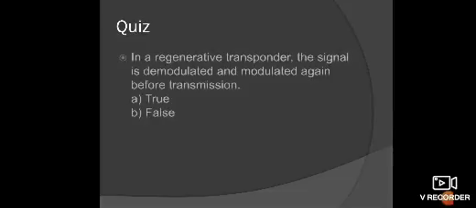And next, in a regenerative transponder, the signal is demodulated and modulated again before transmission, whether it is a true statement or a false statement. That means in a regenerative transponder, the signal is going to be demodulated and modulated again before transmission. Whether it is true or false, please note this question.